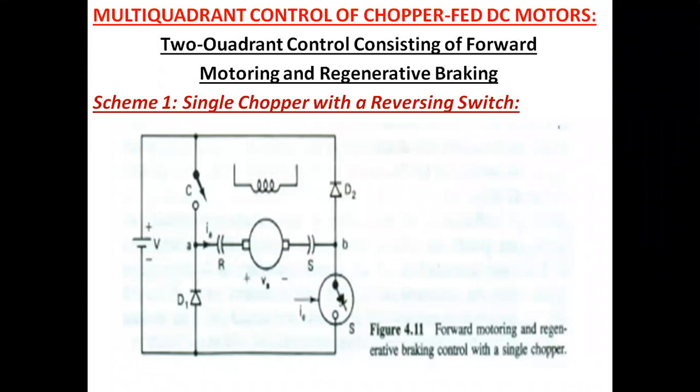There we permit forward motoring operation, and under this situation terminal A is positive with respect to terminal B. So this is forward motoring operation. When C is closed, S will be in operation, whether it is open or closed.